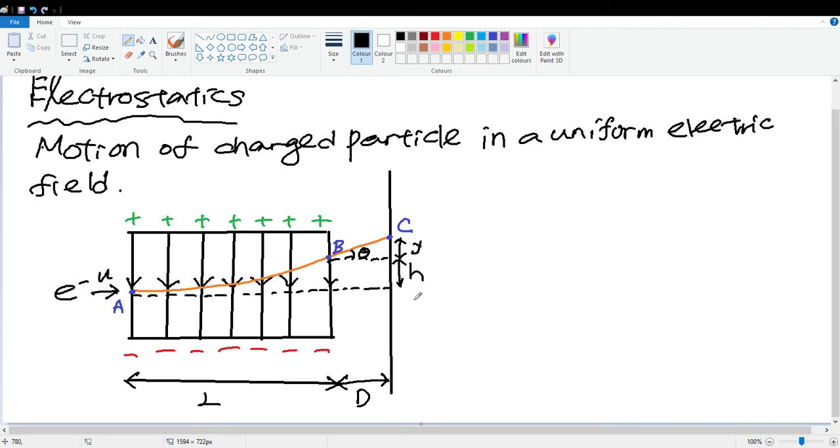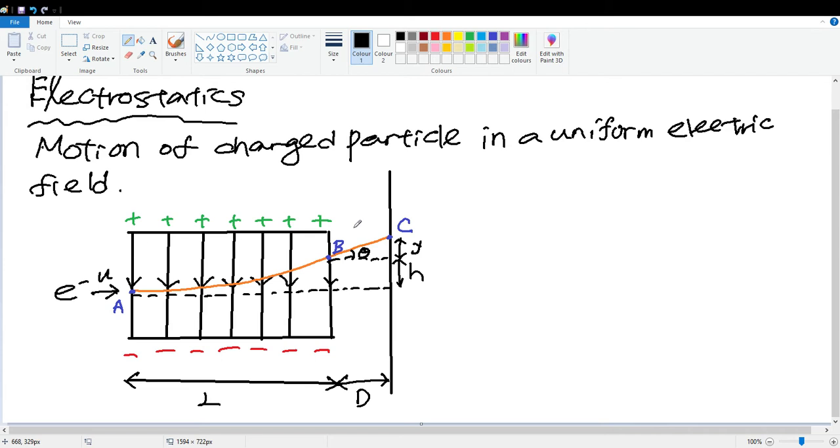I repeat again: this h is the distance of the deflection of the electron inside the region of the electric field, that is, the distance after the electron is deflected by the electric field. That's all the information that we have.